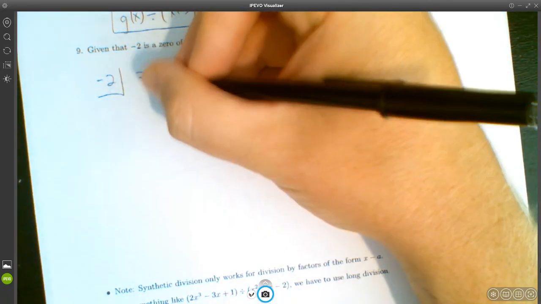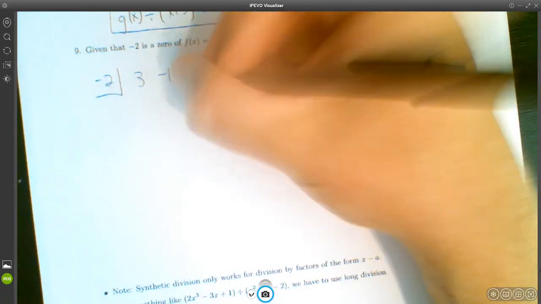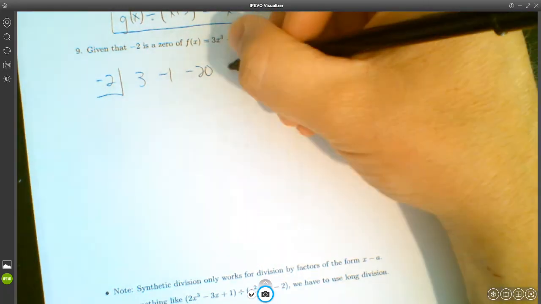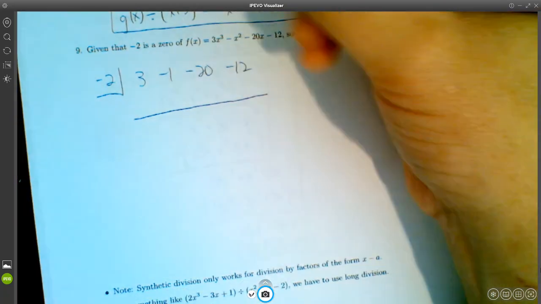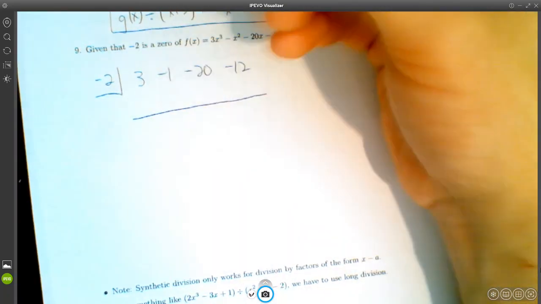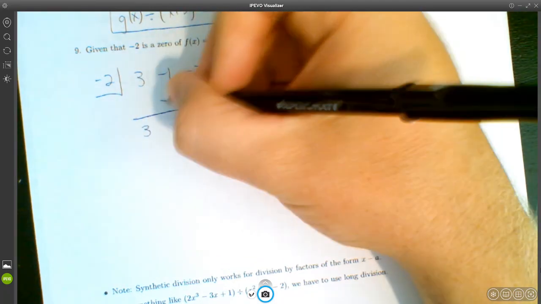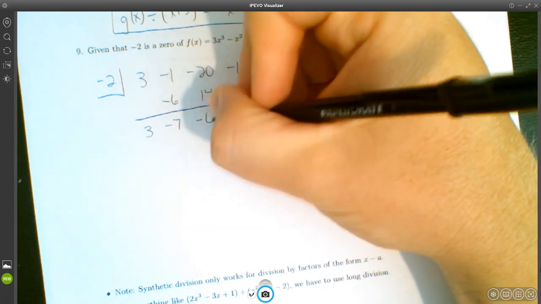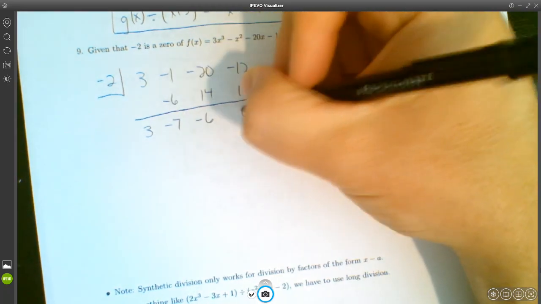And then I have 3x cubed, negative x squared, negative 20x, and negative 12. Okay. Let's do this. We should get a remainder of 0 if we do this right, because we know that negative 2 is a 0. Wouldn't you know it?